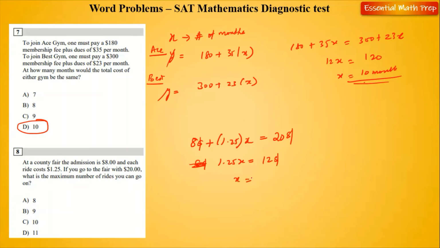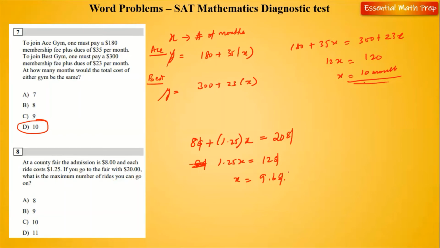So x would be 12 over 1.25, which is 9.6. But you see, what is the maximum number of rides he can do, right?